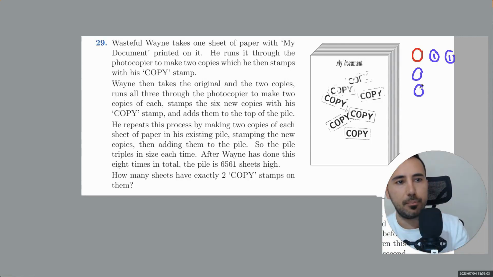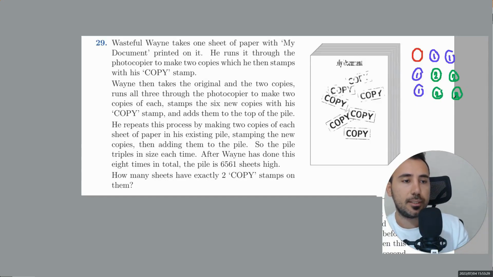So he stamped them. This one becomes 1, this becomes 1. But these 2, each of these already has a copy sign on it. So he stamped it one more time. So they have 2 on them. This one also 2. This one also 2.